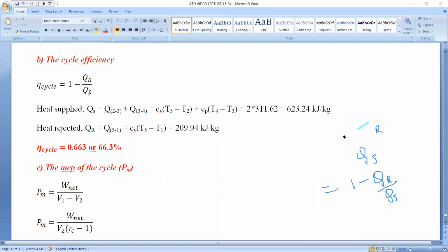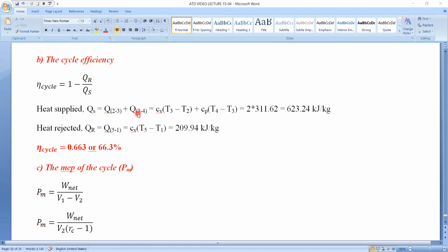Okay. Now let us try to get the value of heat added and heat rejected separately. Fine. Now the heat supplied is given by Qs equals Q2 to 3 plus Q3 to 4, because in a dual cycle the heat addition takes place partially at constant volume and partially at constant pressure.